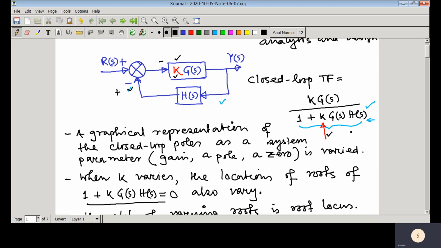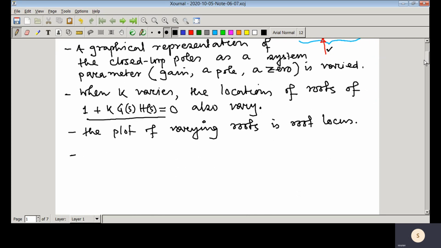In case of positive feedback, the characteristic equation becomes 1 minus K G(s) H(s), and if K varies from 0 to minus infinity, effectively it becomes 1 plus K G(s) H(s). So the variation of K may be positive or negative.